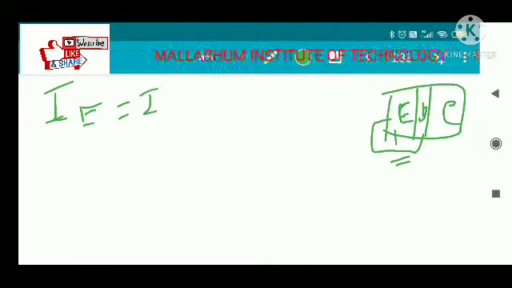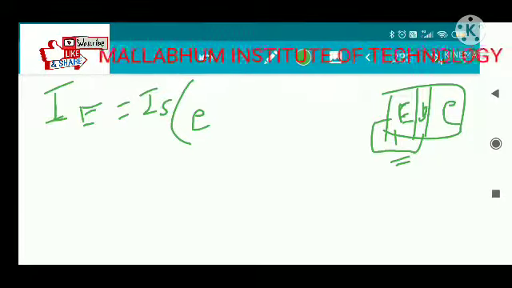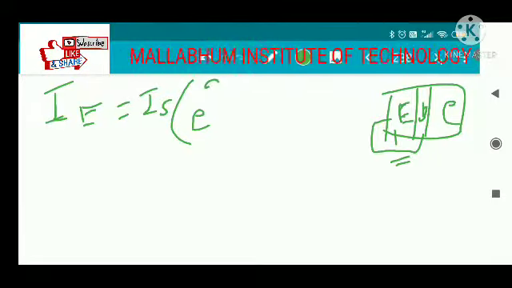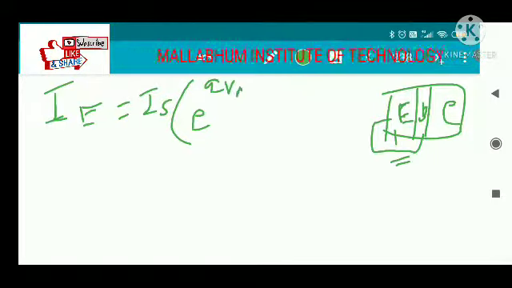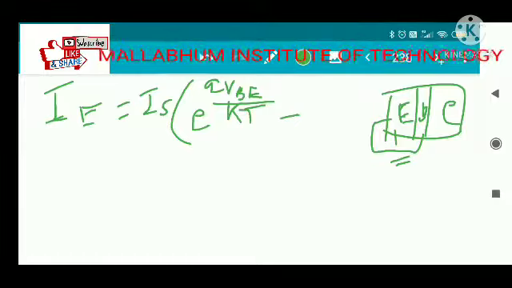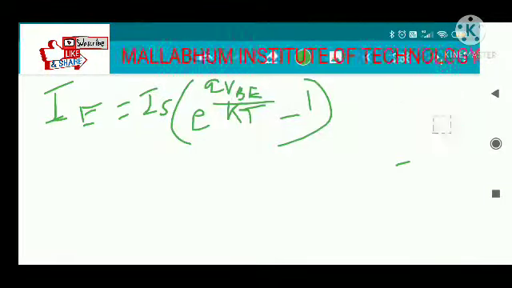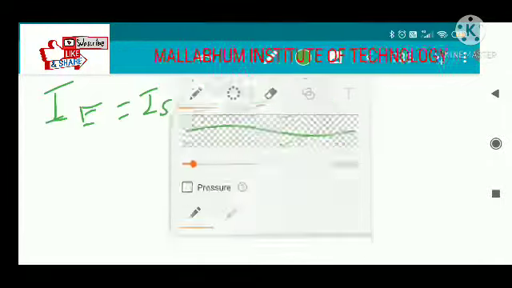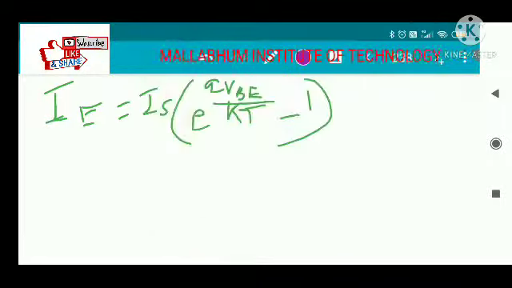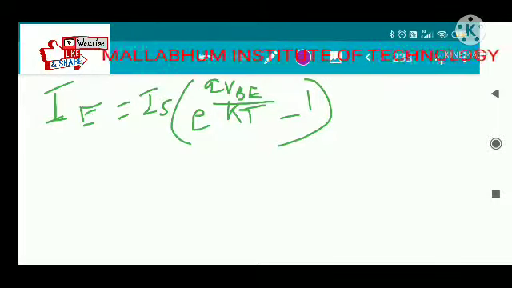In the case of the diode, the current is the reverse saturation current IS times e to the power q into VB, this is the forward bias voltage, divided by kT, minus 1. So this is the diode current equation, and that also applies in the case of the emitter current, because the emitter to base junction is forward biased.